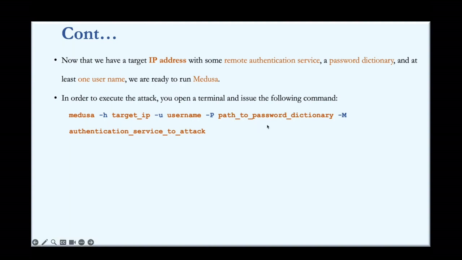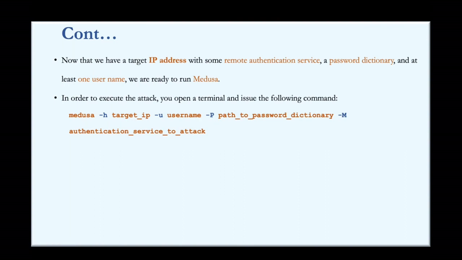So here you can see when we are giving the password dictionary, we use the minus capital P as a list of potential passwords. If you know the single username and single password on the target machine, we use the minus U switch and minus small p switch.